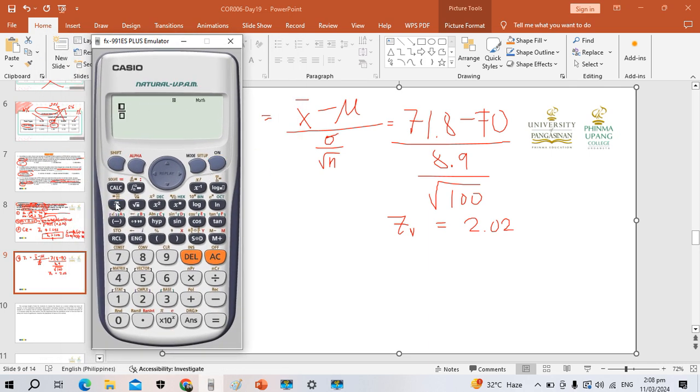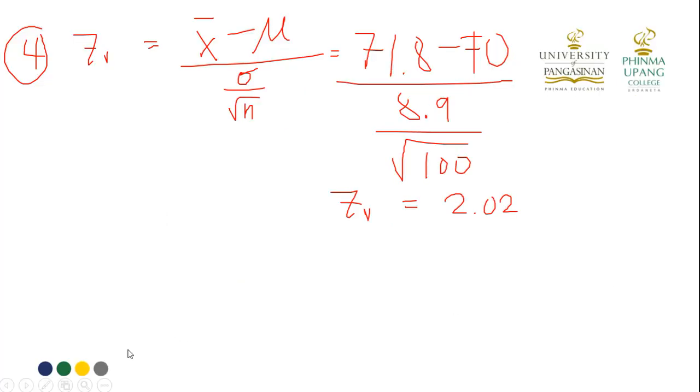Fraction 71.8 minus 70 all over fraction ulit 8.9 over square root of 100. So in my calculator, the answer must be in two decimal places. That's why retain 2.02 for our z value. In your exam, this is 2 points.